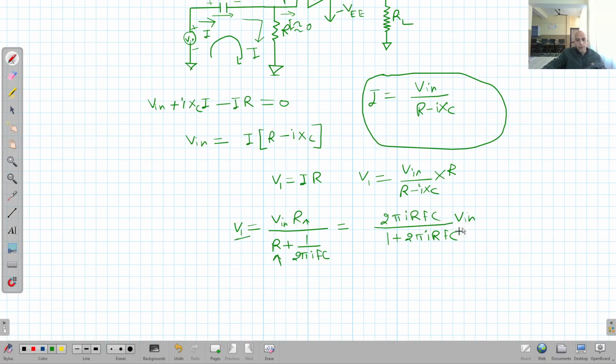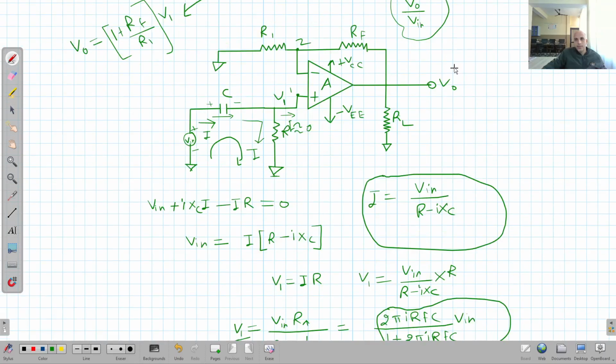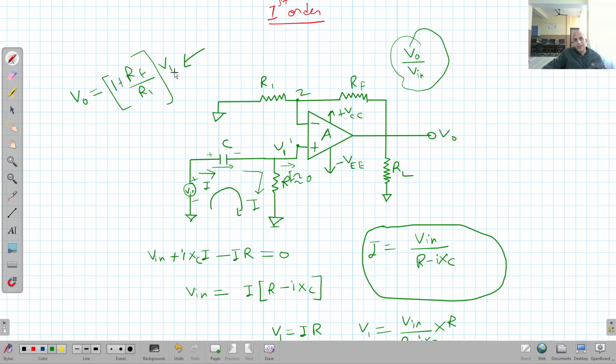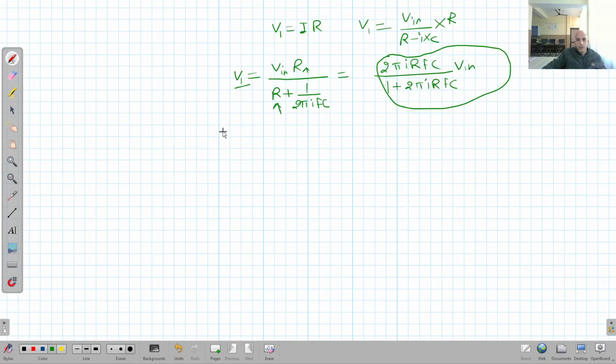Clear? Now we are going to put this value of V1 into this expression. Clear? That is, V output is equal to AF into V1.